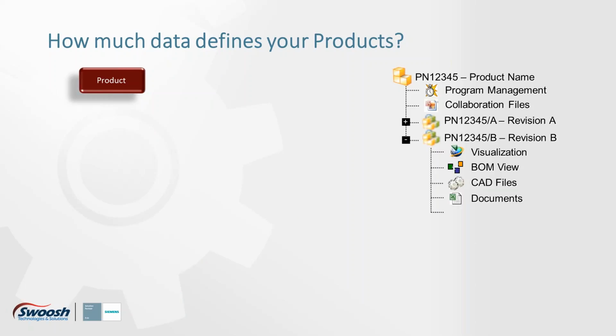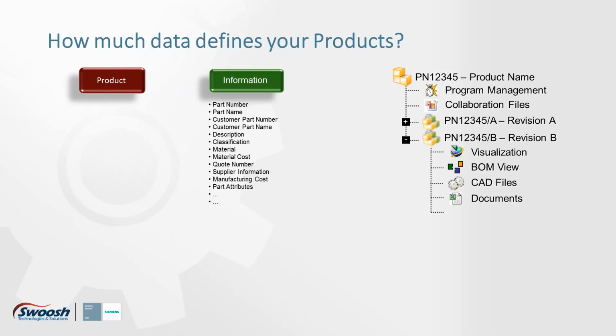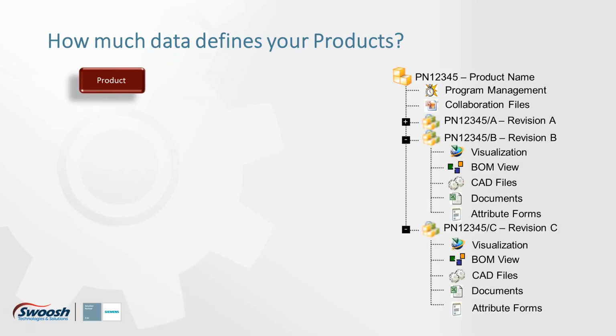So as soon as I rev, or make a new revision C, Teamcenter will grab all the information, so metadata, things like that, it's all stored in a form, and it'll automatically generate my new item revision C along with all my data. If I change any of that data, say I go in and change the CAD file, that CAD file will only be relevant and unique to item revision C. The CAD file that's located with item revision B will not get touched.